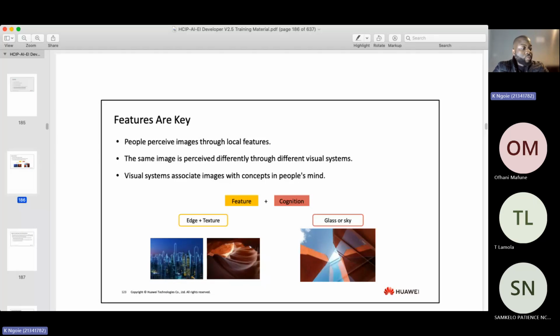just like a human. The human will receive the image through local features. So, which means that when you're looking at an image, we usually create the whole picture based on a certain portion of the picture.